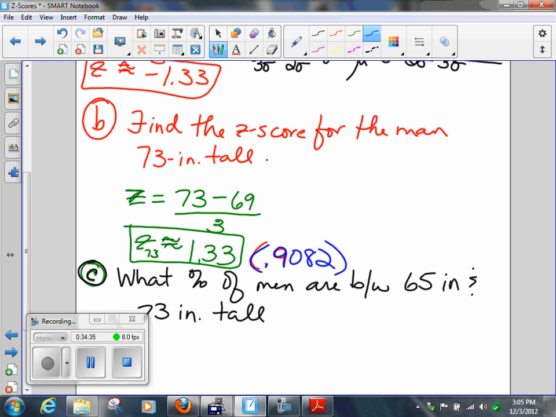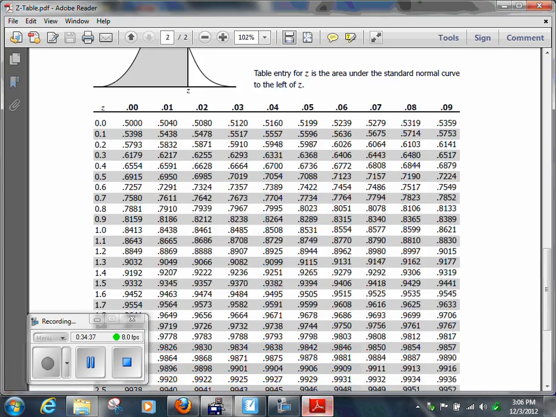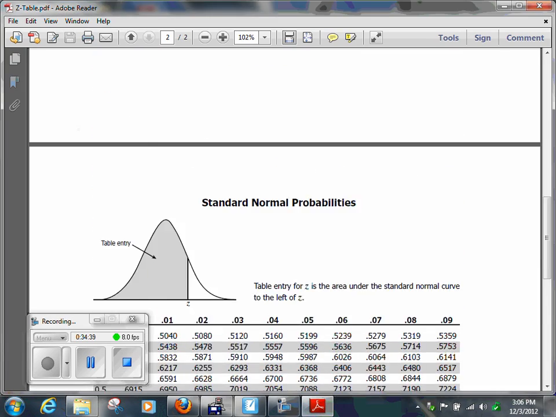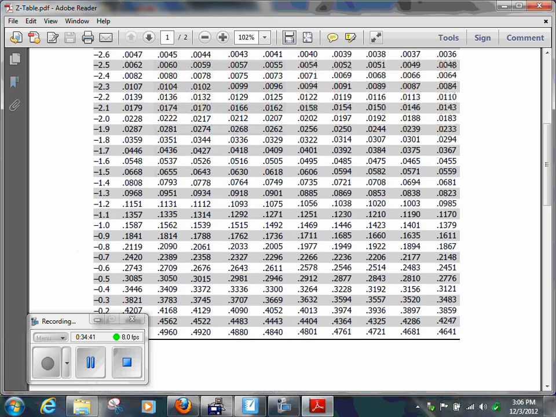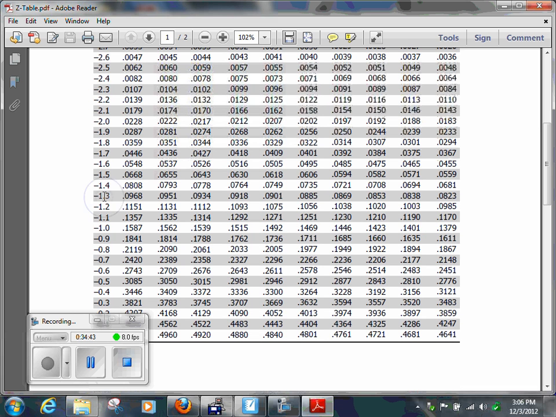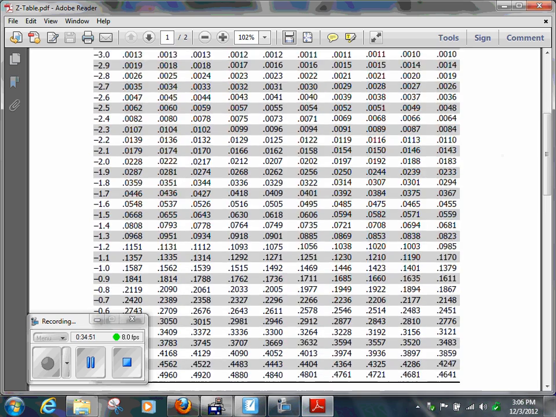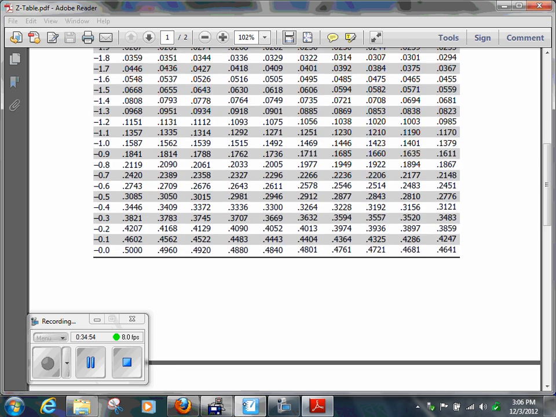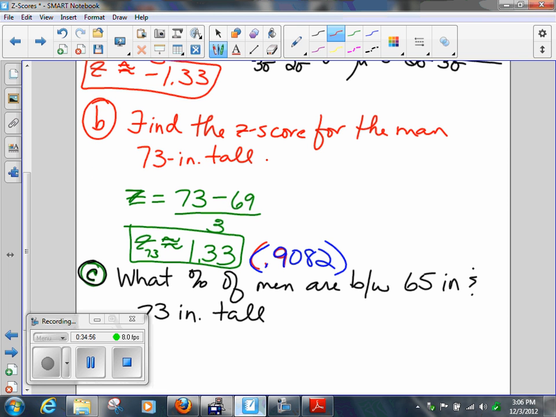Let's look at the value for that negative term. Must be the other way. All right, negative 1.33. Here we are. And I think it's 0.0918. Yep, 0.0918, right here.